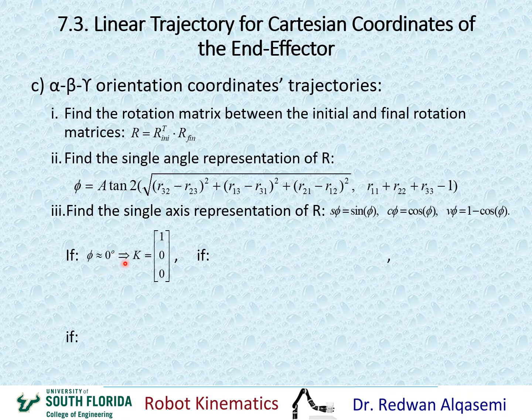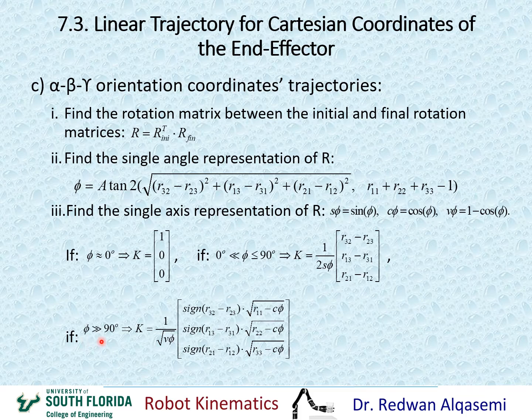If phi is close to 0, it's not quite 0, but it's close to 0, then we can assume k to be 1, 0, 0. Again, you can look at the derivation and justification of this using the reference book that I talked about in the previous slide. Now if phi is between 0 and 90 degrees, and we already found phi here, then k equals this quantity, 1 over 2 sine phi, times the differences between these elements from the rotation matrix.